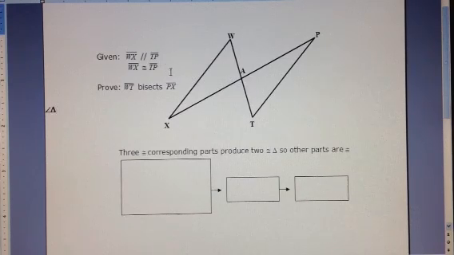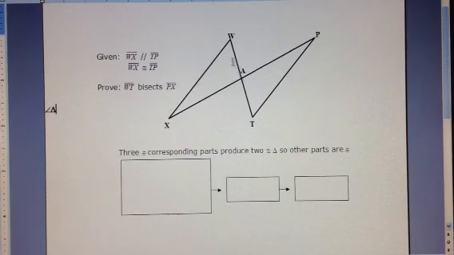It says that segment WX is parallel to segment TP, and that segment WX is also congruent to segment TP. So right away we have a congruency of segments, but we need more than one segment.